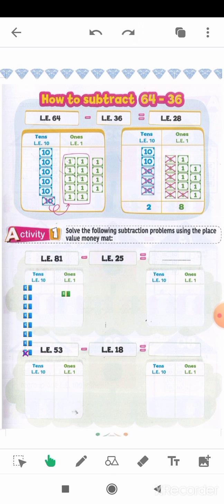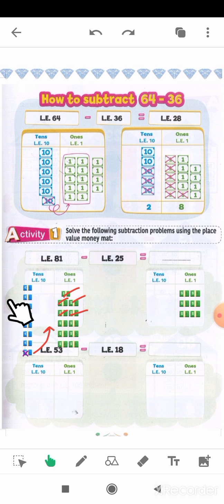I take 1, 2, 3, 4, 5 and the rest is 6, and the tens become 8 tens. Then I take 2 from this number, so I take 1, 2. The result will be like this, and my result will be 56.